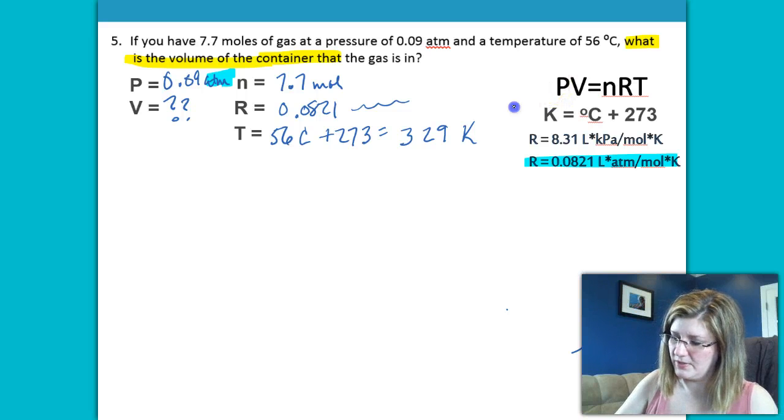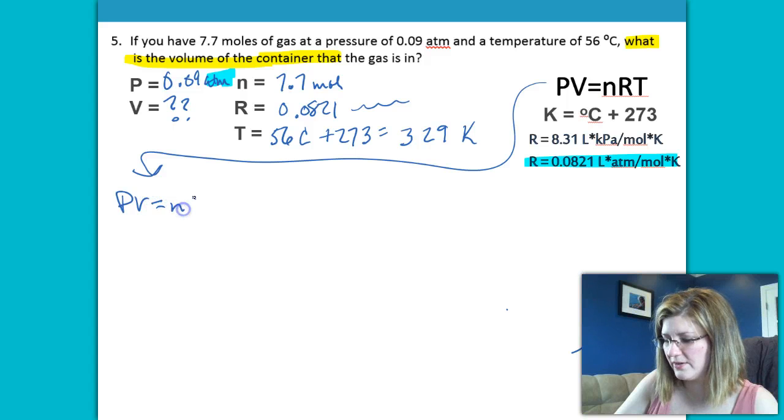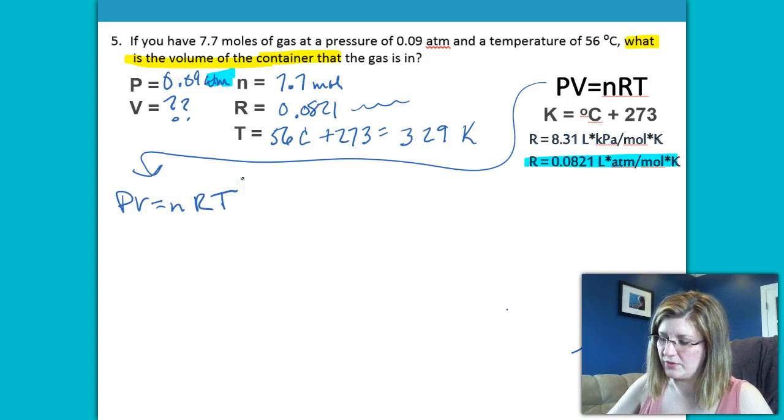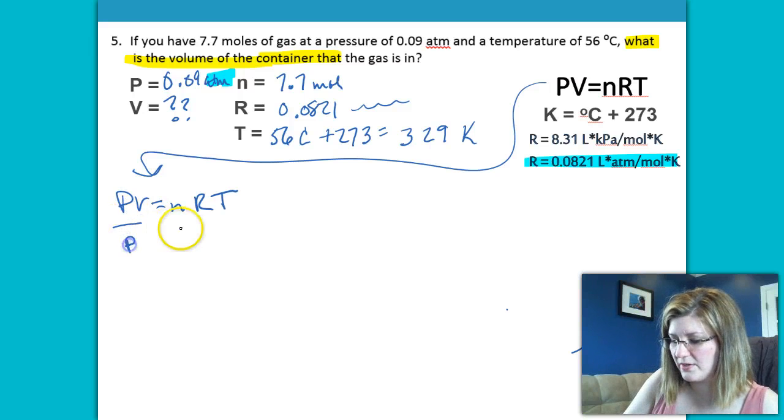Okay, so we're going to use our ideal gas law equation, PV equals nRT, and this time we are solving for volume. We haven't solved for volume yet. To solve for volume, we're merely going to divide by pressure on both sides.